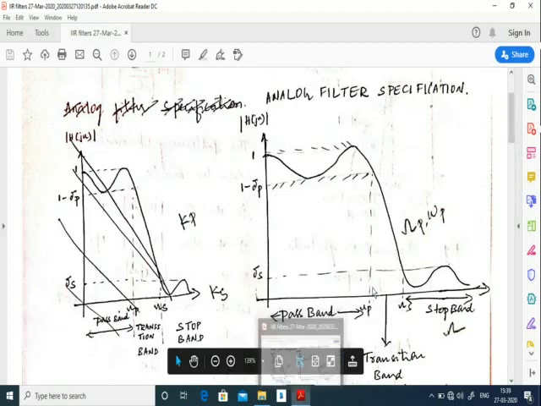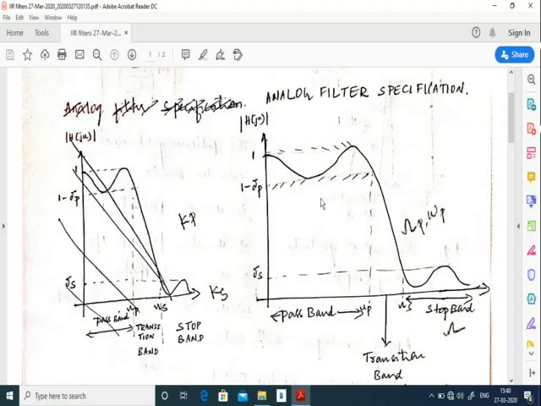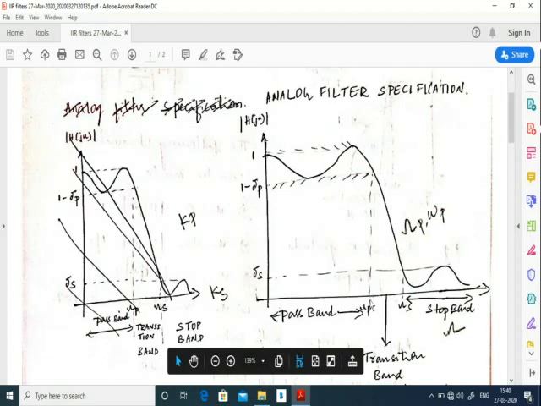One is passband frequency. We'll try to understand what we mean by passband frequency. This is a low pass filter representation. As I told you, a low pass filter will allow all the frequencies from here till here, is it not?